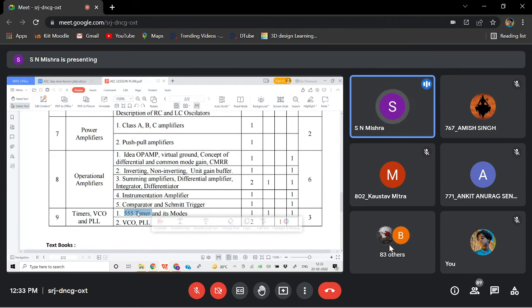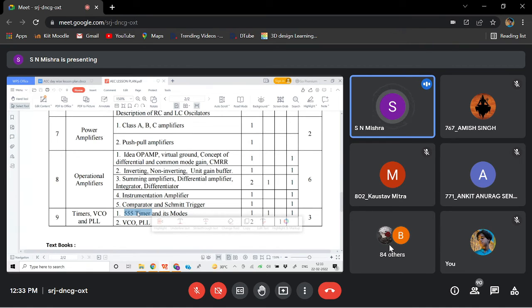So there are different patterns, different combinations: astable, monostable, multivibrators. And this is an IC, an integrated circuit, where inside that integrated circuit a lot of components are integrated, like transistor, resistor, capacitor, comparator, then inverter.